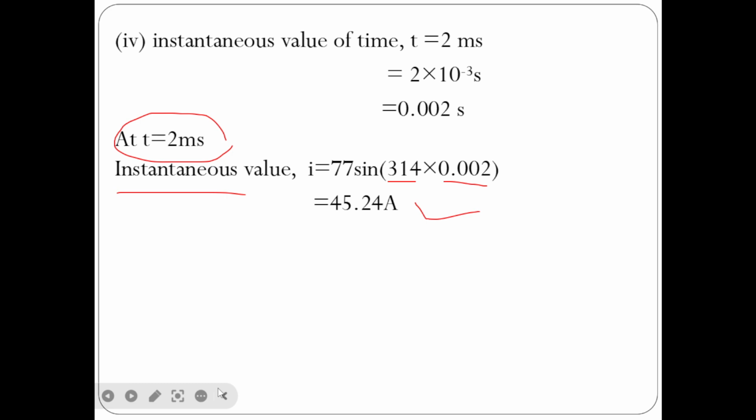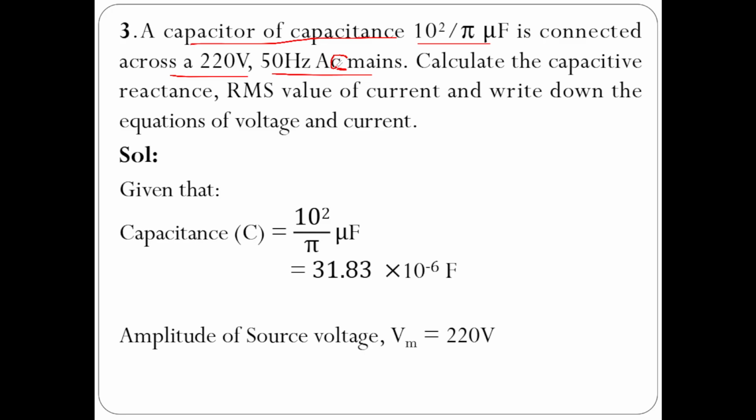Next, a capacitor of capacitance 10 square by pi microfarad is connected across 220 volts, 50 Hz AC mains. This is capital C. Calculate the capacitive reactance, the RMS value of current, and write down the equation of voltage and current.